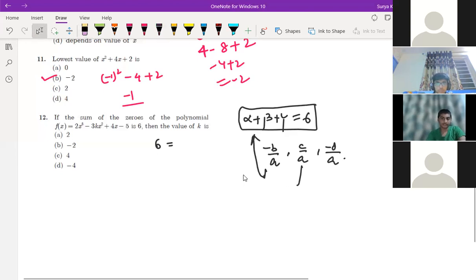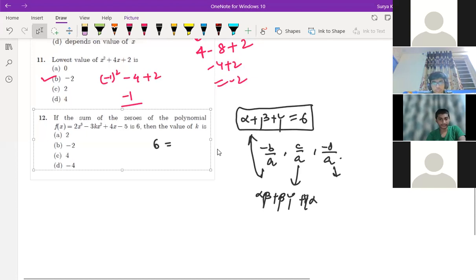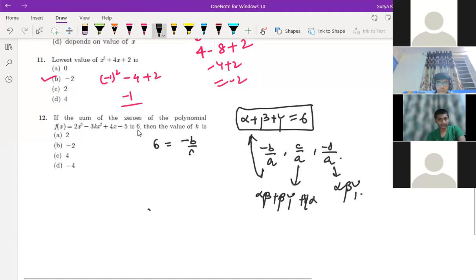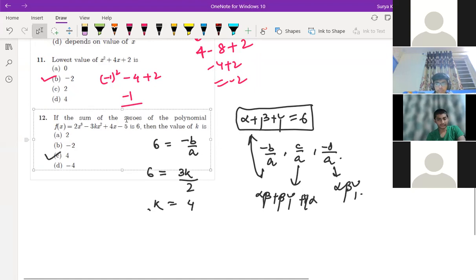This is for alpha beta, beta gamma and gamma alpha, the sum of the product. And this is your alpha beta gamma. So 6 is given for minus B by A. So 6 is equal to minus B by A. Minus B is 3k divided by 2. So k is equal to 4. So the answer is 4. Is it clear? Yes.